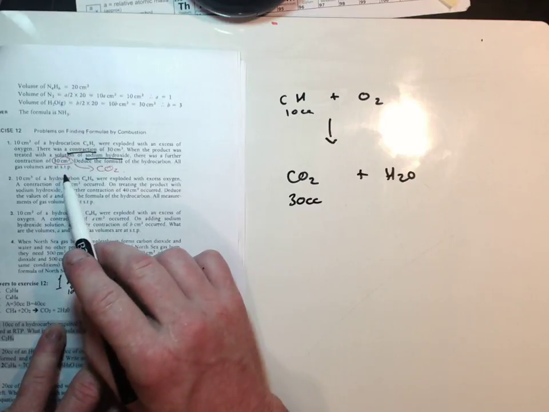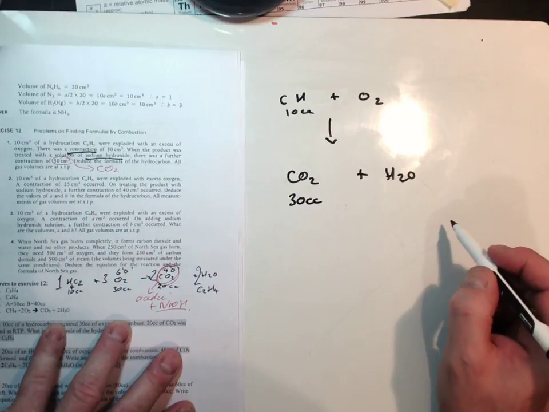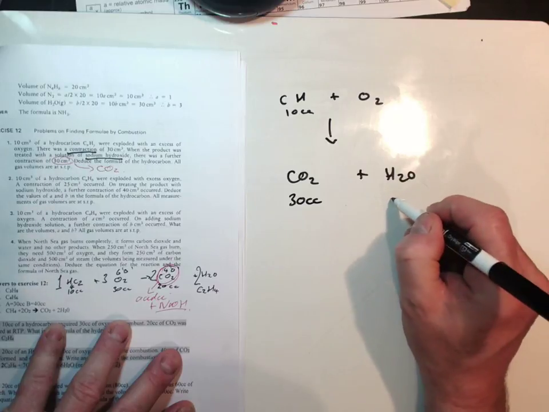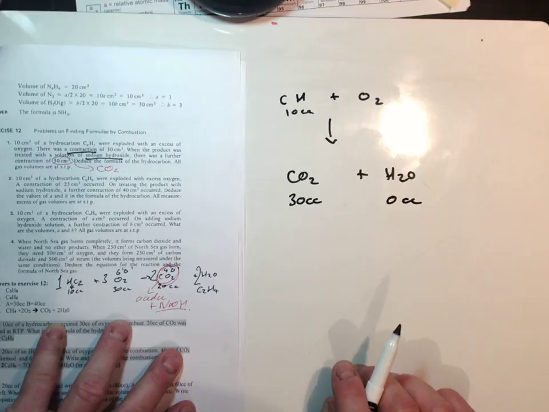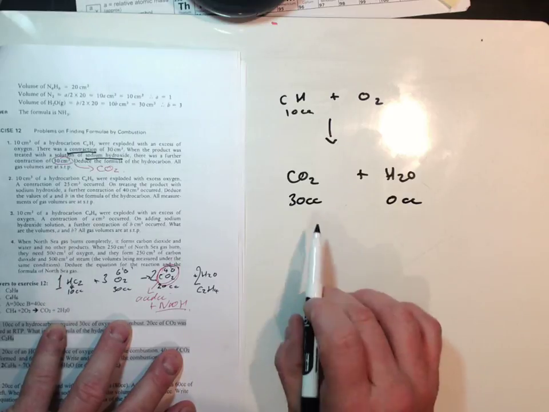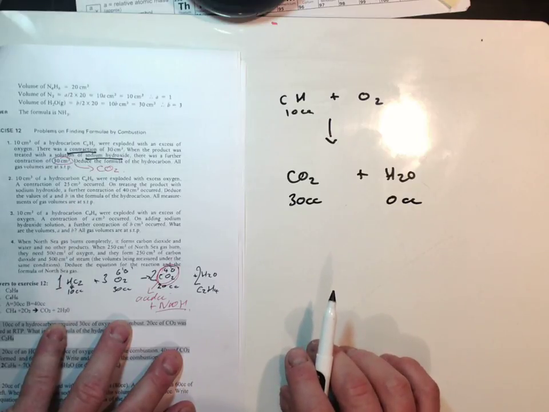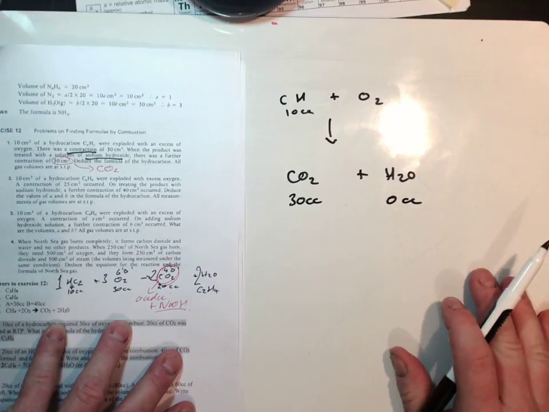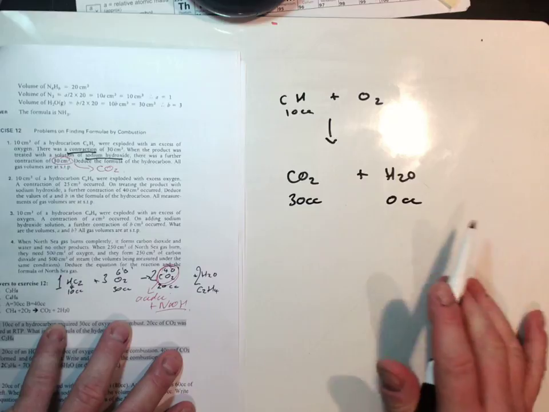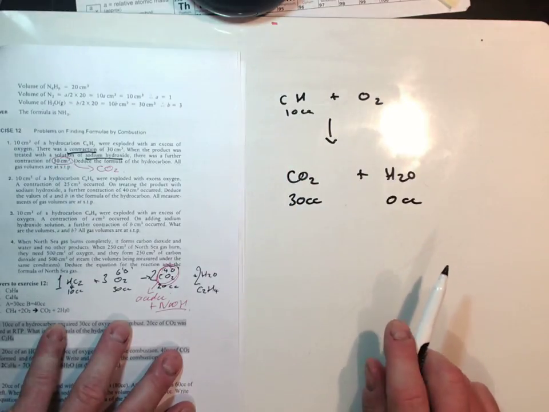It tells us that everything was done at standard temperature and pressure, which is 20 degrees. So, like I said earlier, our water will not be steam, will not be a gas, okay, and will be of 0. Right, so we've got 2 unknowns here that we've got to somehow get in order that we would be able to work out the formula of our hydrocarbon.